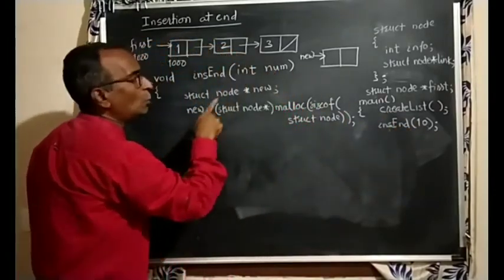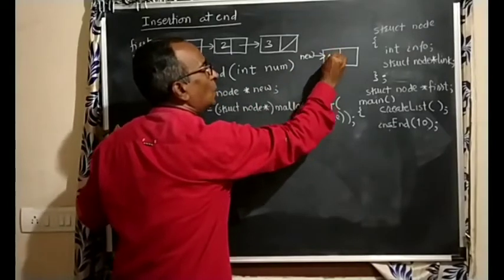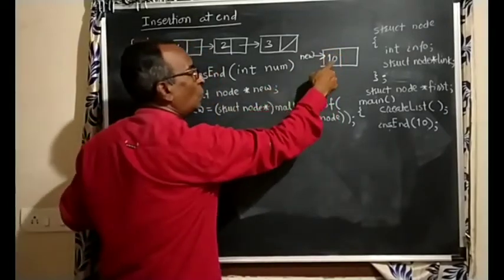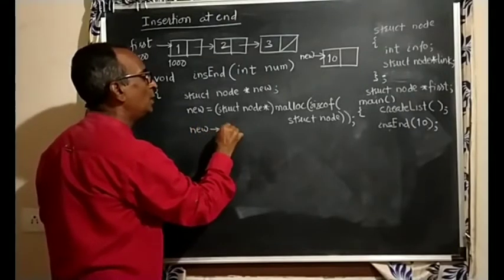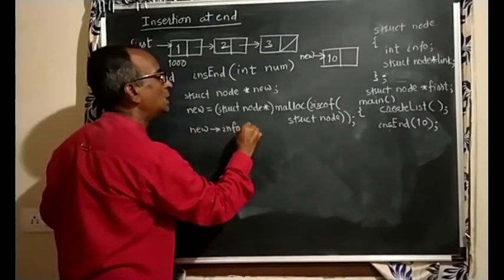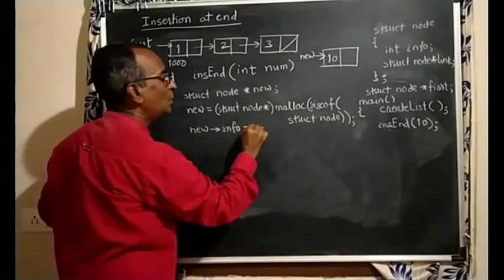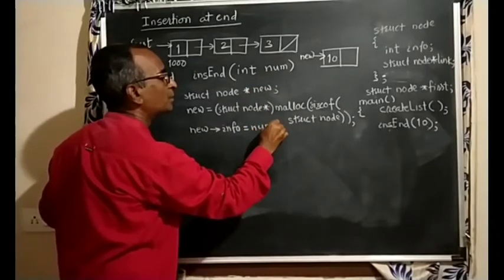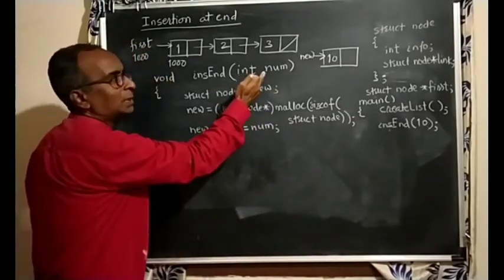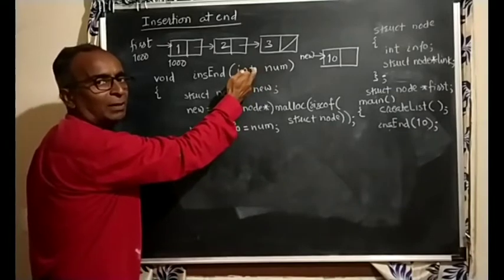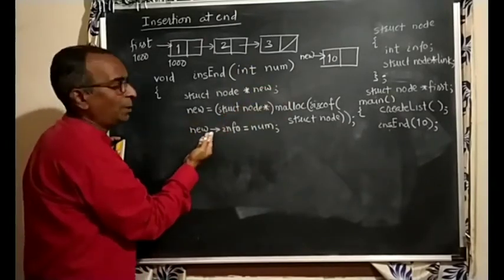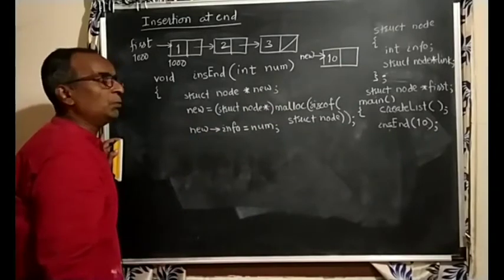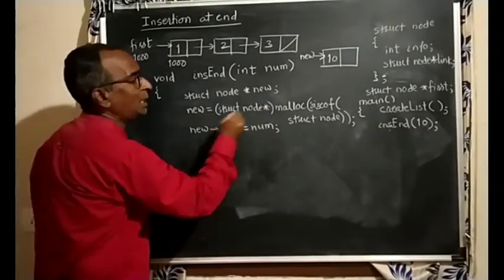This value I want to give here. How to access this field? New's info field is given num value. If you are not sending this parameter, you would read it with printf, enter the value, and scanf that value into new info. So we have set the information field.